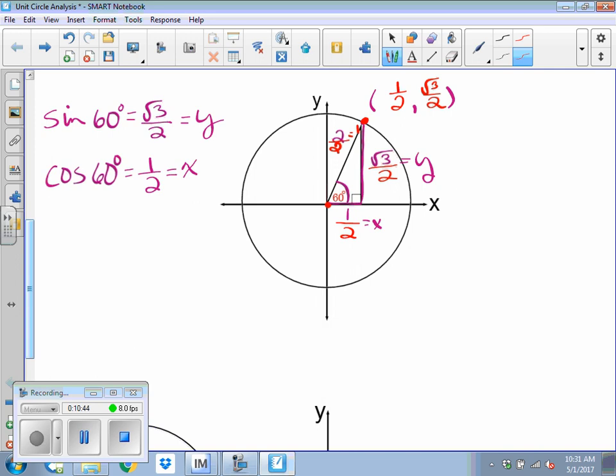Well, since x is the same thing as cosine, if I asked you what is the cosine of 60 degrees, you would just look at this and say 1/2. If I asked you what is the sine, cosine is 1/2, sine is square root of 3 over 2. Okay, it's reversed. 30 degrees and 60 degrees are the same values, they're just reversed.